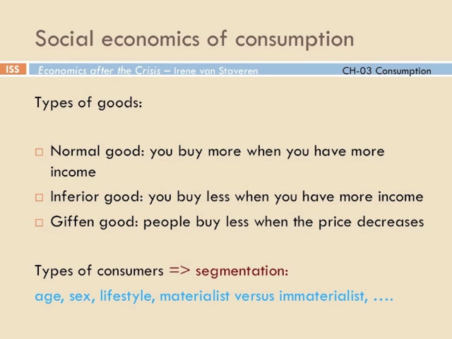We distinguish between types of goods and also types of consumers, according to social categories: men and women, youth and elderly, immigrants, and so on.